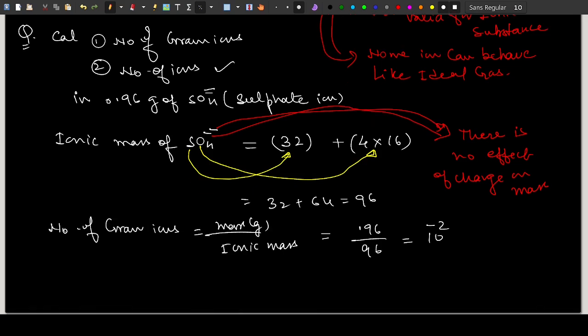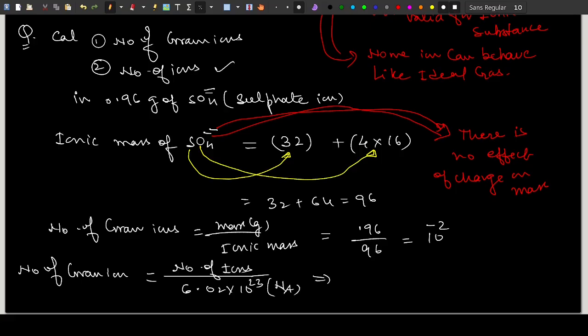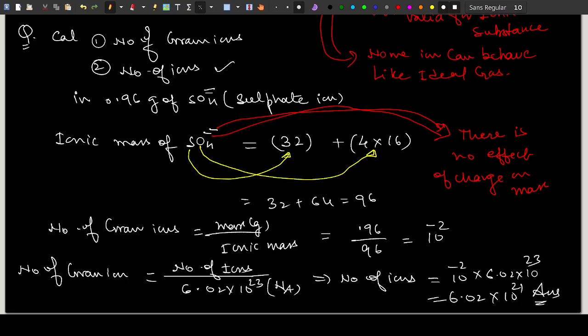So number of gram ions is equal to number of ions divided by 6.02 into 10 to the power 23, which is nothing but Avogadro's number. So number of ions is equal to 10 to the power minus 2 into 6.02 into 10 to the power 23. So it is 6.02 into 10 to the power 21. This is one answer and this is another answer.